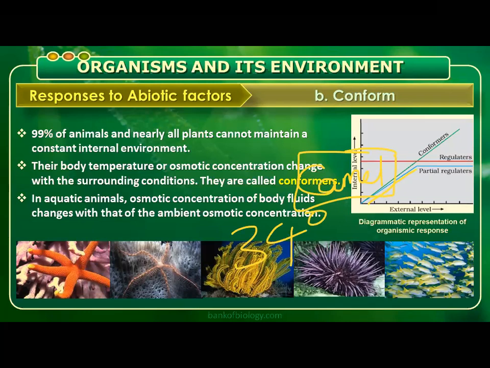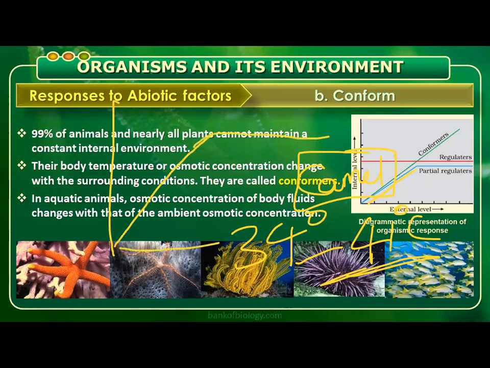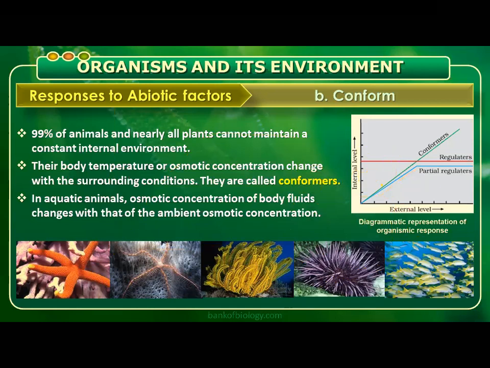When the day comes, it allows the body temperature to rise up to 41 degrees centigrade without sweating. Basically, a human being, after 37, 38, starts regulating, but the camel allows the body temperature to go on rising, and then it sets and regulates. It is a good example of a partial regulator.